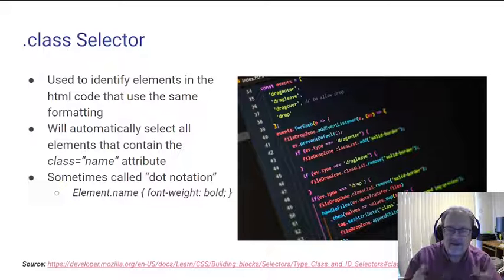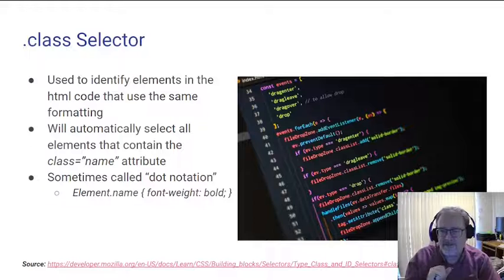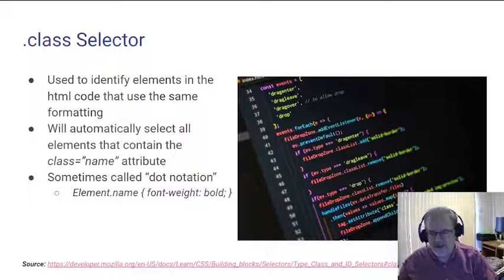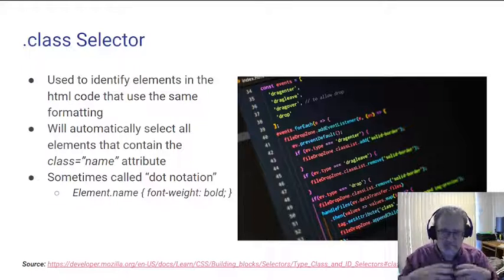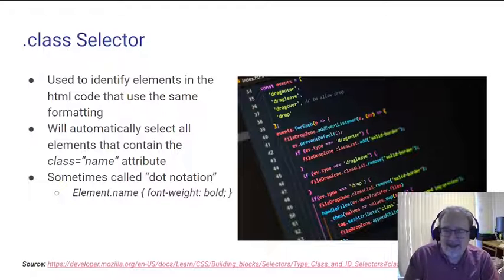So it allows us to use that across multiple different elements. We can have paragraphs identified by that class, or we can have mains identified by that. But whatever is given that class selector name will be selected to have the formatting of that in that CSS code. Sometimes it's called dot notation because it uses the dot in front of the class name.